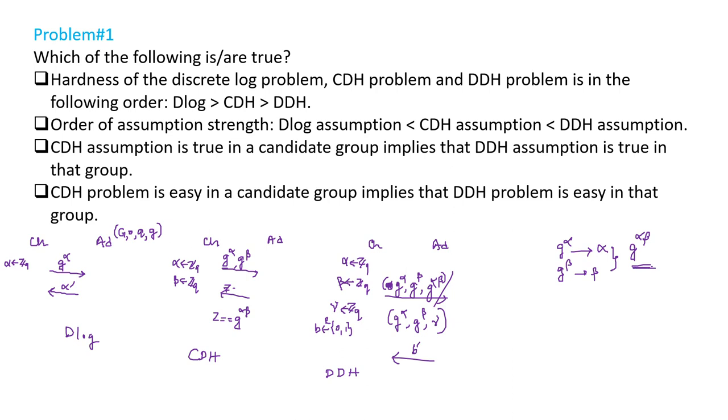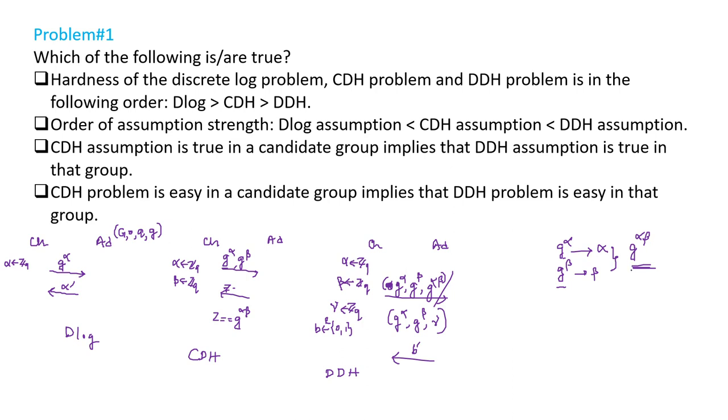That is the CDH problem, right? The CDH problem asks that given g to the power alpha and g to the power beta, compute the value of g to the power alpha beta. That is the computational Diffie-Hellman problem. If the discrete log problem can be solved for a group, then the CDH problem also can be solved for a group.